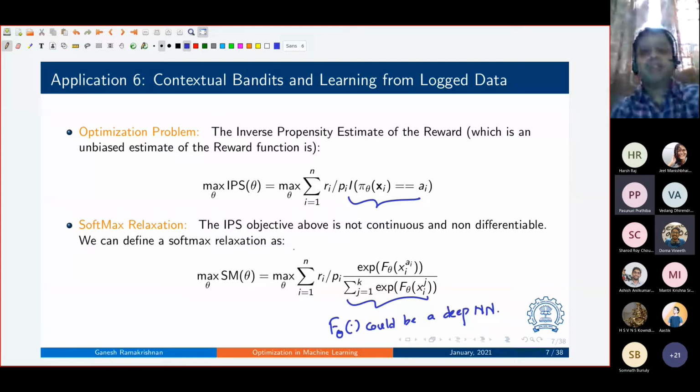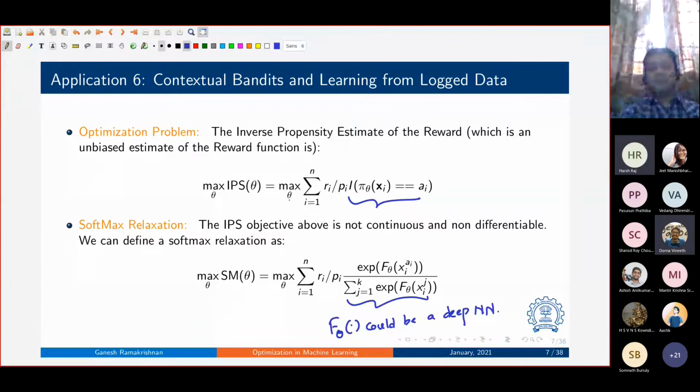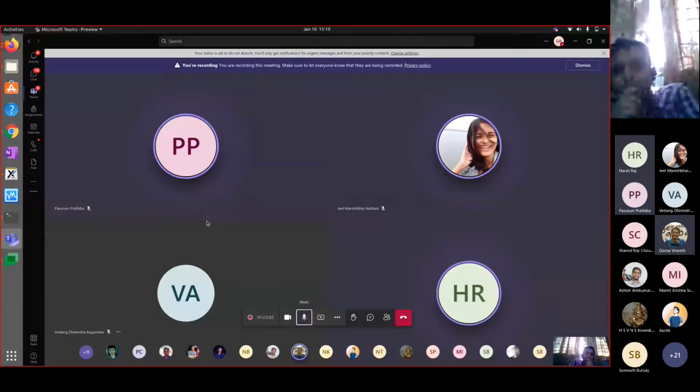Yeah, a finite number of AIs, but theta is a very large search space. Theta is continuous, it's not a discrete optimization problem. The search space of all possible pi theta xi's being equal to AIs is very large. It's combinatorial.